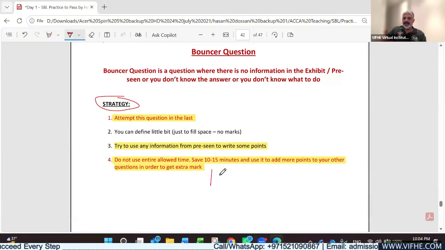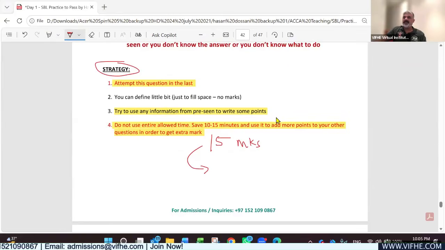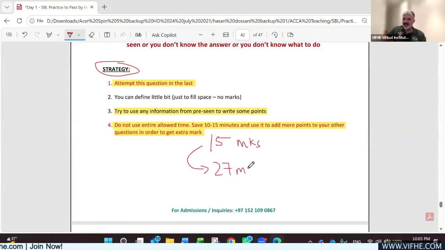Supposing this one is a 15 marks question. What is the allowed time for 15 marks? 27 minutes, correct?